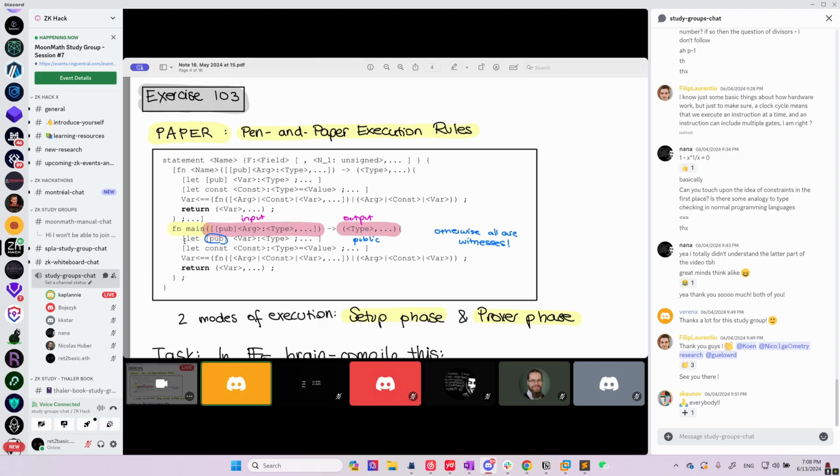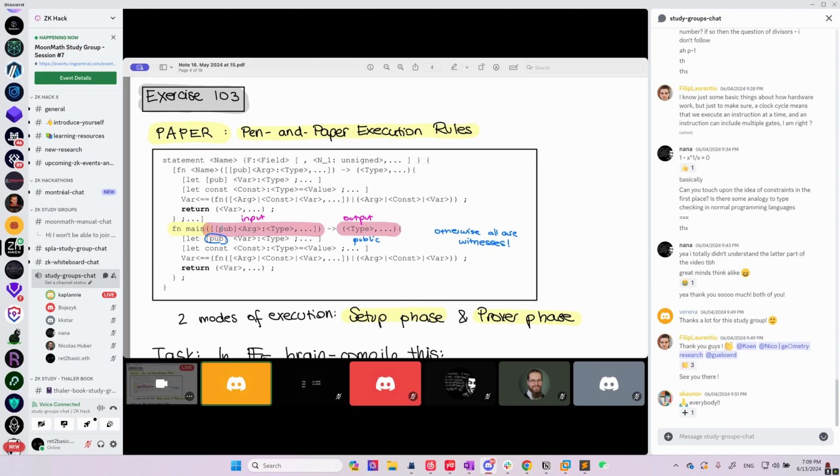And in here you can set variables and constants, which you will or will not need. And then you can call other functions, which look like this, very similar to the main one, which will give an output, and then you will return the output of the statement.